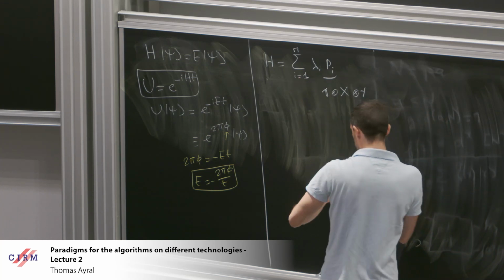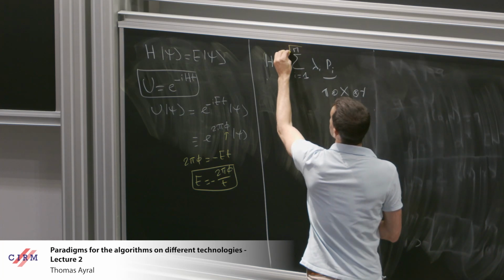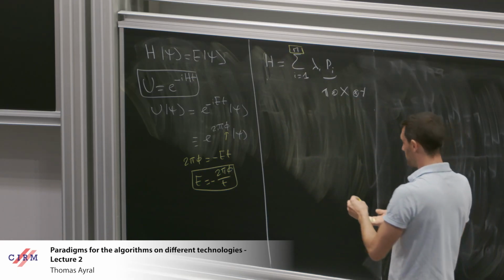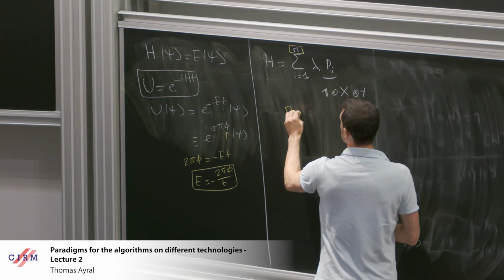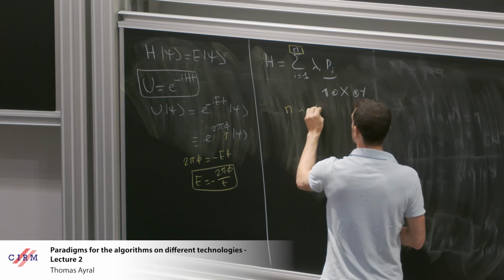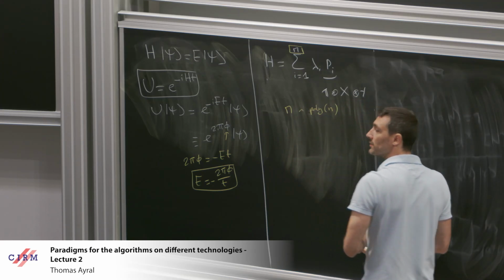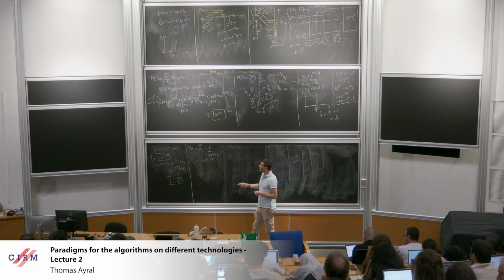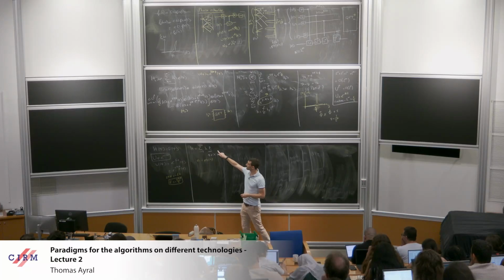And also I have to warn you that M here needs to be quite small. In other words, I hope that I'm in a case where M is polynomial in the number of qubits of my Hilbert space. Because if I have an exponential number, then just representing it on my classical computer is going to be too large. So I need to be in a case where this is the case.